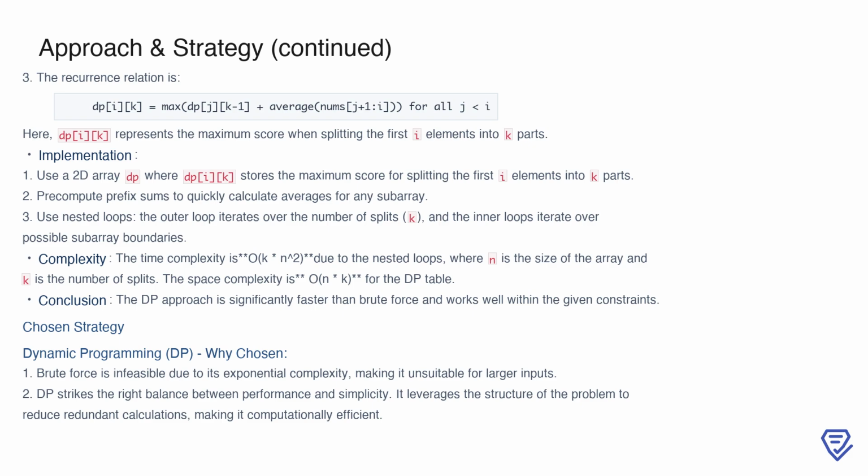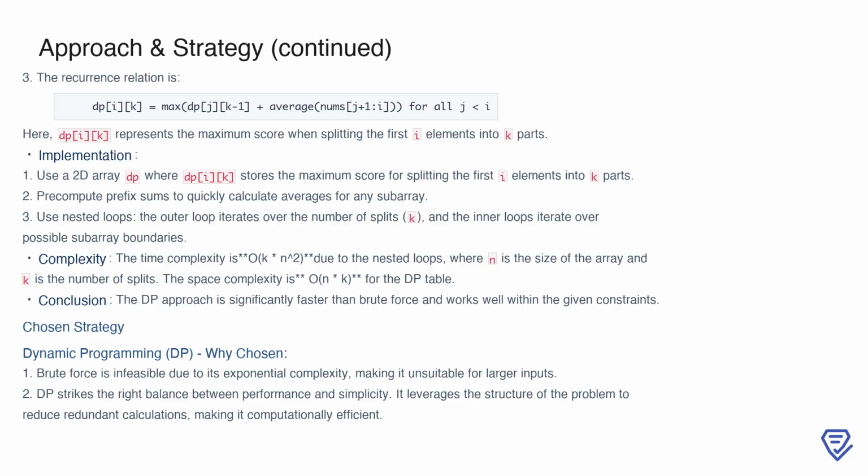The recurrence is defined as dp[i][k] equals the max of dp[j][k-1] plus average(nums[j+1..i]) for all j less than i. Here, dp[i][k] represents the maximum score for splitting the first i elements of the array into k parts. This relation allows us to compute the optimal solution for i elements using the solutions for smaller prefixes.